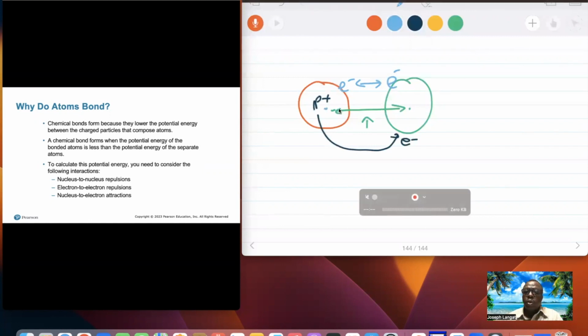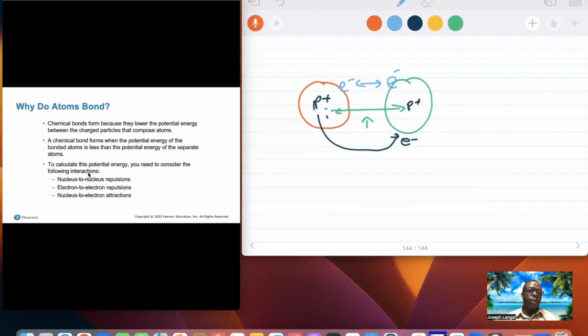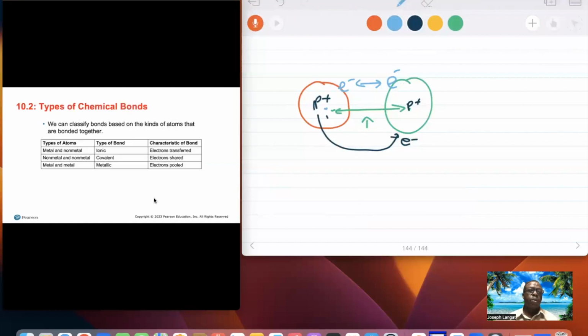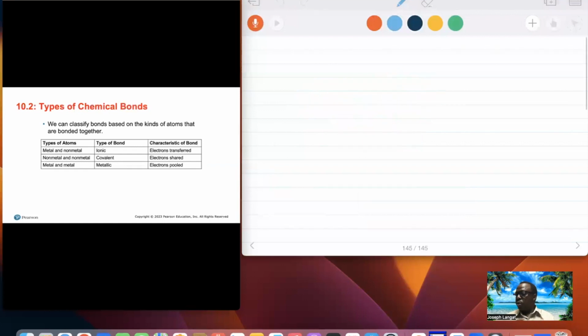All these interactions, nucleus to nucleus, remember there is positive charge in the nucleus, electron to electron, and then protons in the nucleus interacting with the electrons of the neighboring atom, all these determine the potential energy, which explains why atoms form bonds: because they want to lower the potential energy.